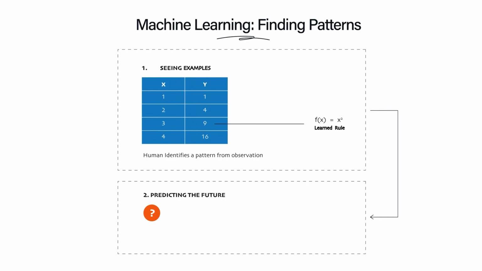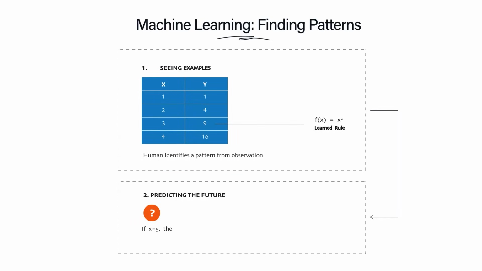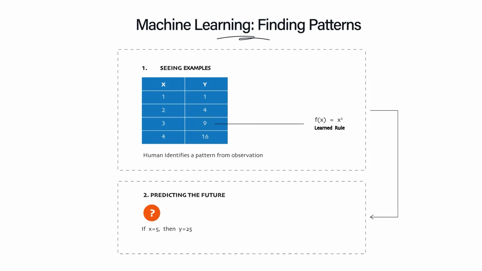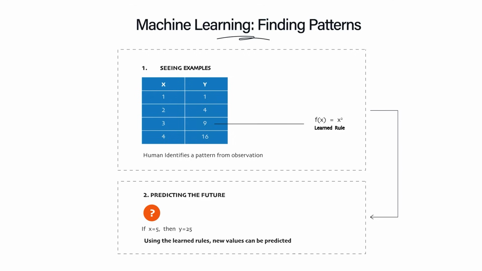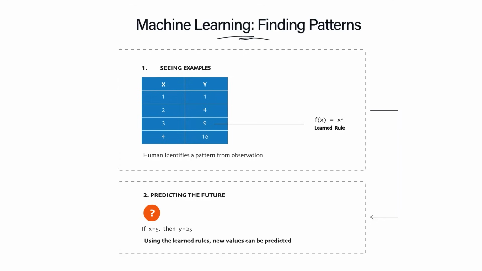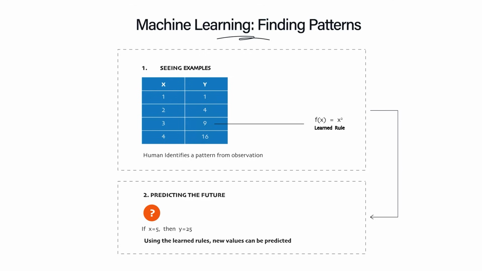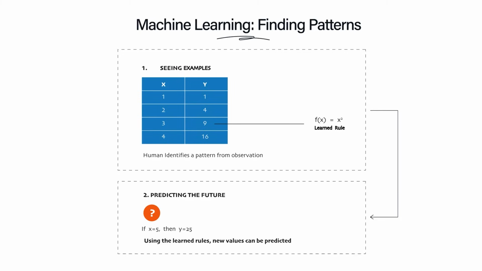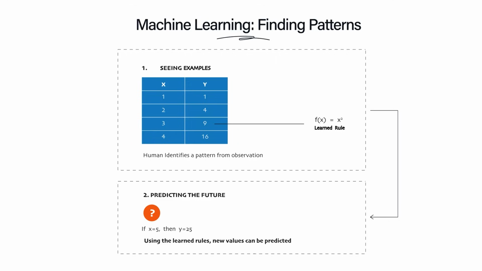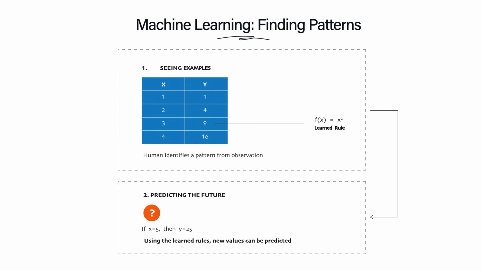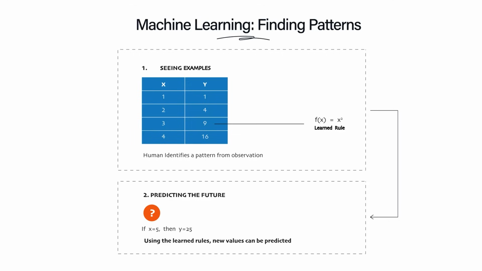So for example, if x is 5, we already know that y will be 25. This is the core idea behind machine learning. Instead of hard coding the rule, we show the algorithm many examples and let it learn the rule for itself. In other words, it learns the mathematical relationship that best maps inputs to outputs.